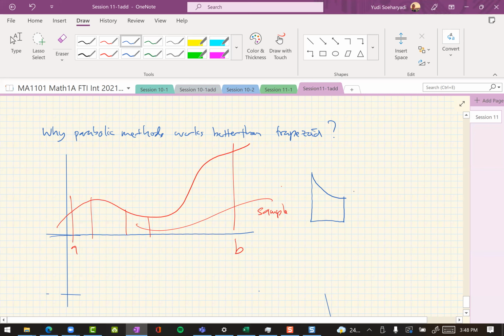So if we use a trapezoid, the area should be delta x over 2, half of the base times the sum of the lengths. And the approximation is this one.